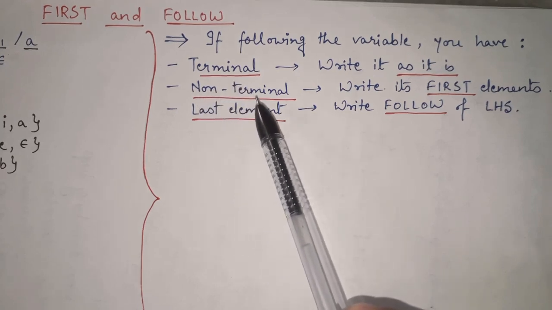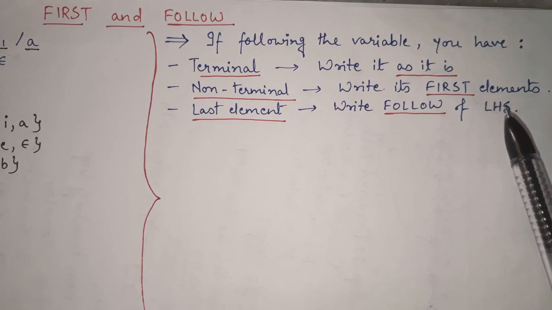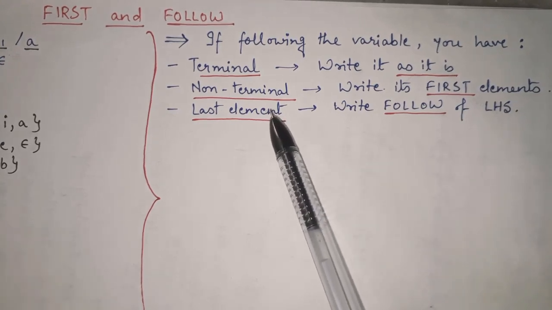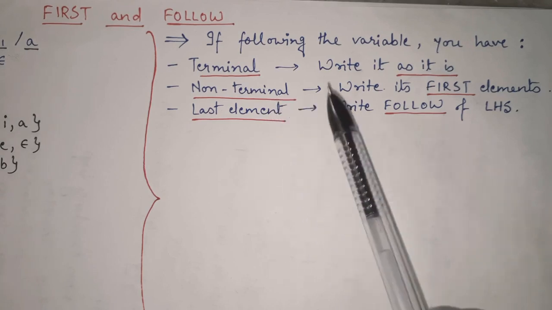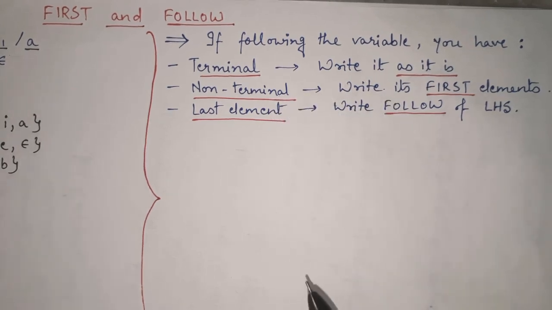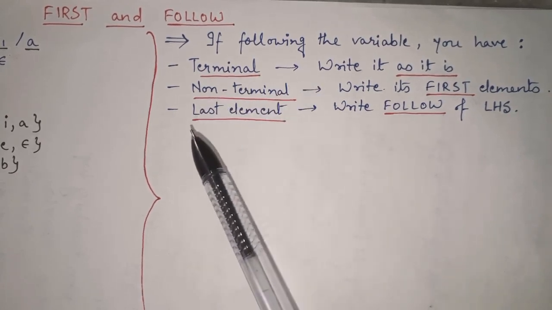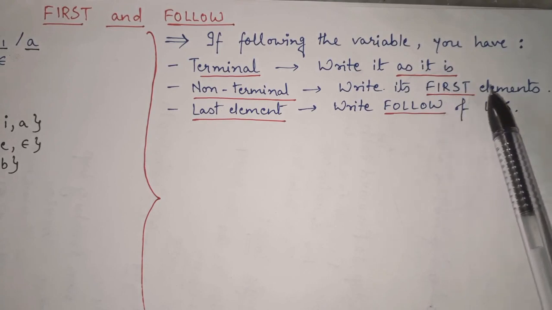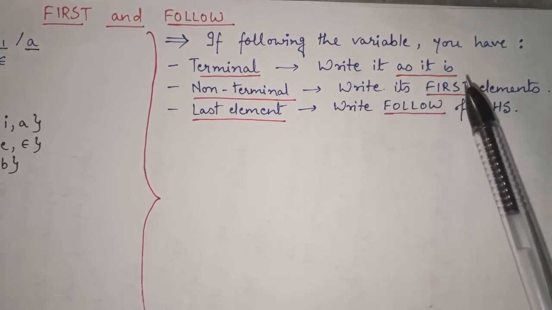If it is a non-terminal, like capital A, capital B, anything like that, we will go to the production of that non-terminal and write the elements present in its first set.